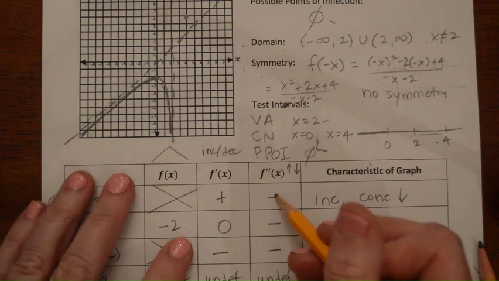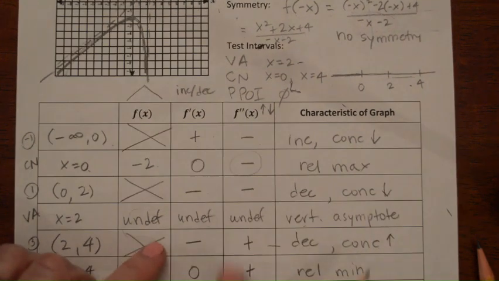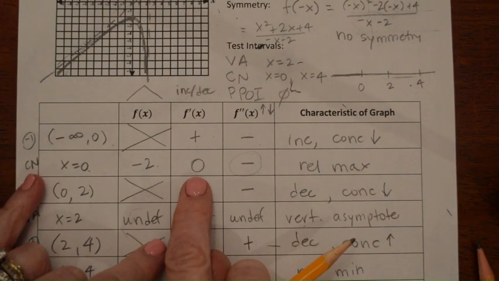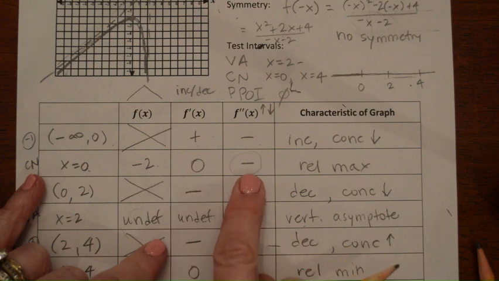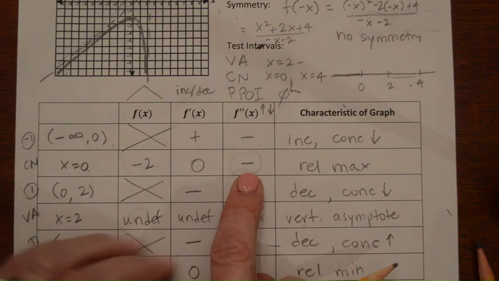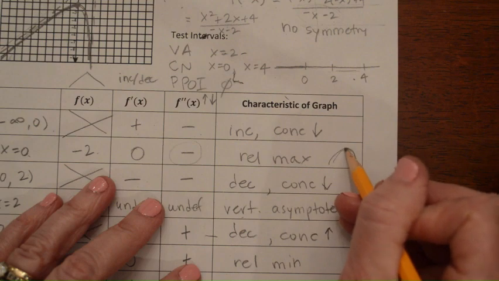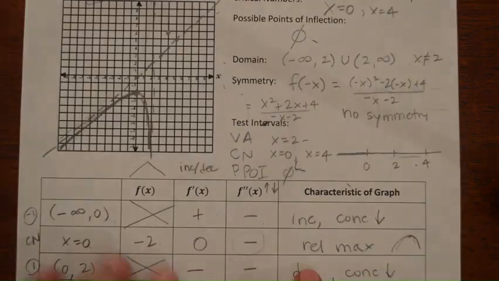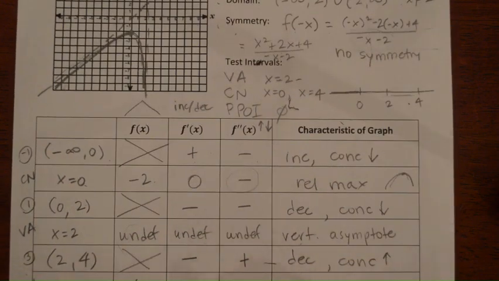Also, let me mention here while I'm thinking about it, we could use the second derivative test here to say at a critical number, if I check the second derivative, if it's concave down, then that means it must be a max. Because again, if it's concave down, that can only happen if that value is a maximum, which it is.